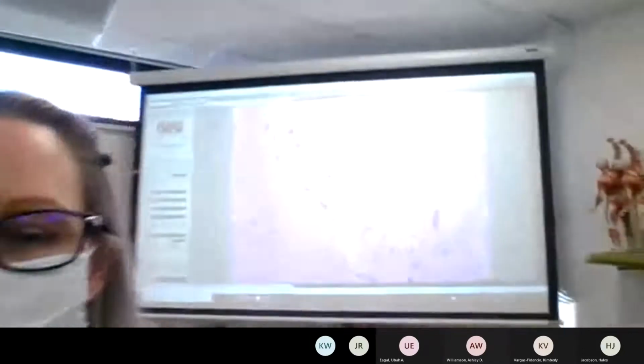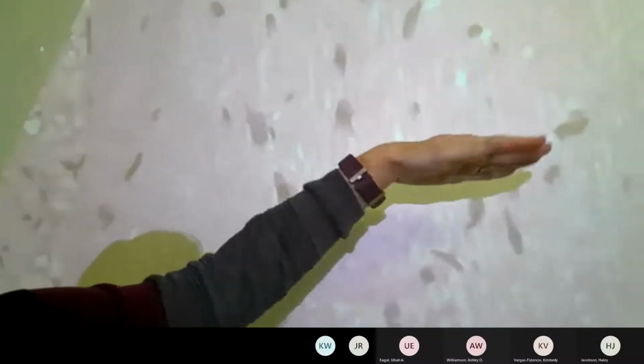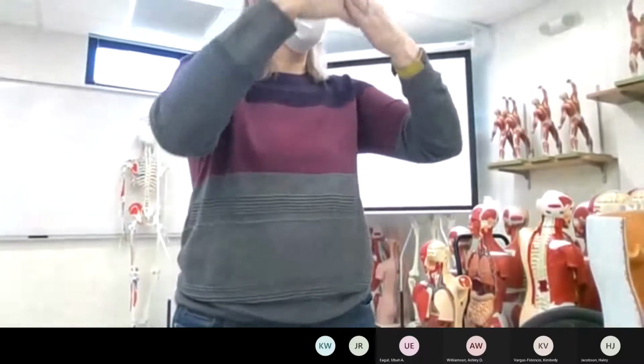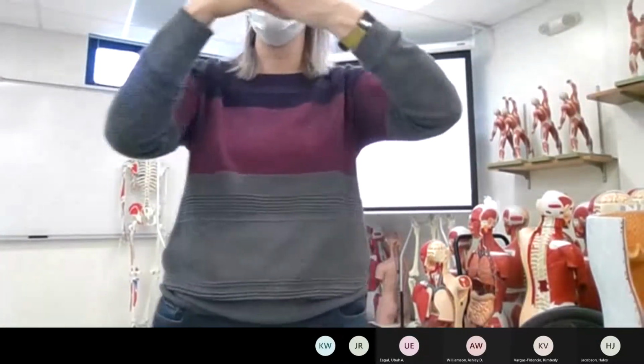Those thicker bands are going to stain red because they have myoglobin, and because there's a lot of blood flow in there as well. Where two cells connect, they are going to form a darker band that represents the membrane and all those proteins that are coming together.